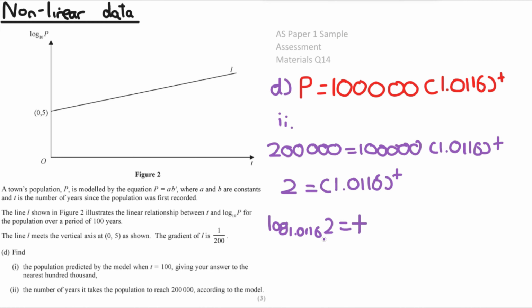So t is equal to the log base 1.0116 of 2, which if you put into a calculator is equal to 60.2. So t is equal to 60.2. So it takes 60.2 years for the population to reach 200,000.